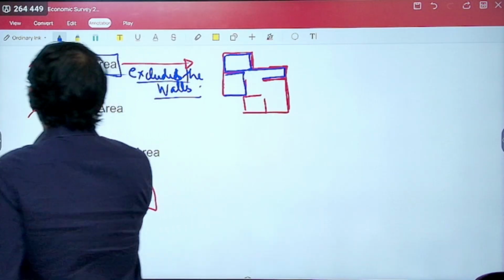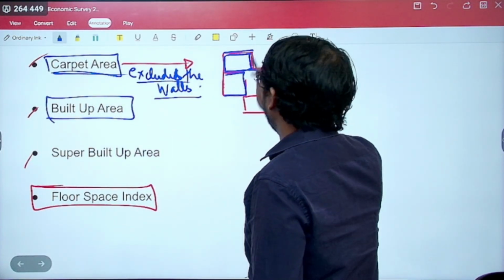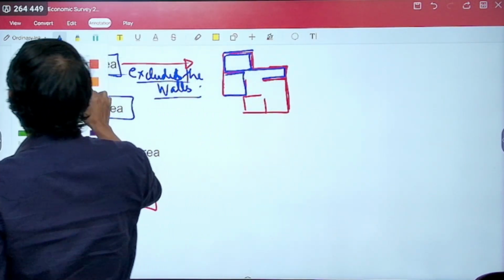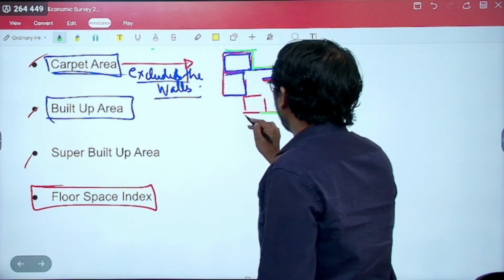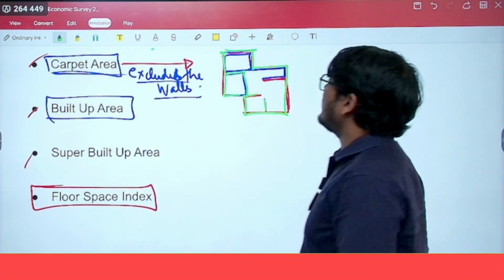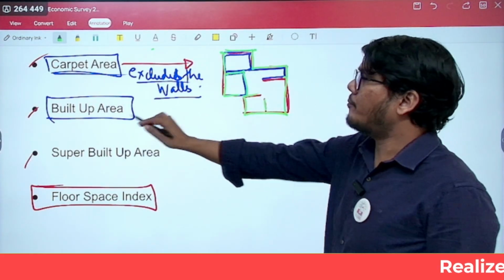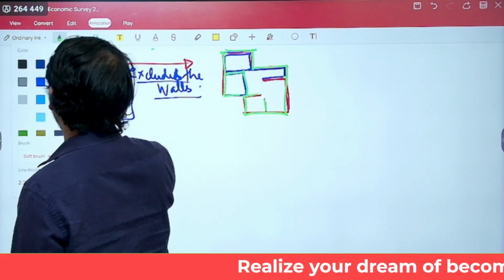Now, what is the built up area? In built up area, this entire wall will also be included. So it will also include these walls that you can see, which are thick walls. All those things will be included in the built up area. Then what is a super built up area?